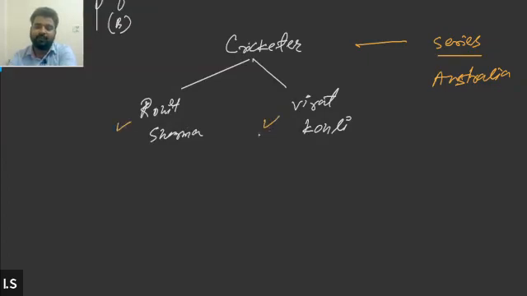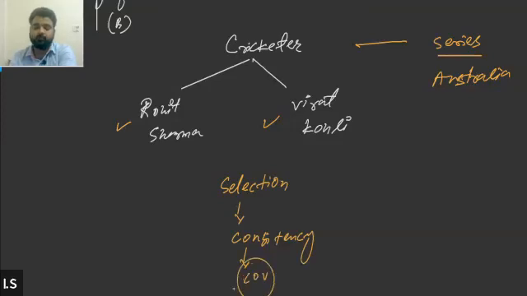So obviously at the time of selection of the player, what do we consider? We will be considering their consistency in the game, how consistent they are with their performance, right? So in order to determine the consistency of the players, what tool can we use? At that time we can use the coefficient of variation.